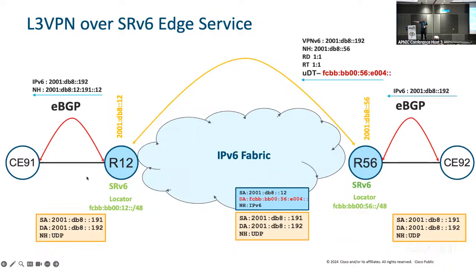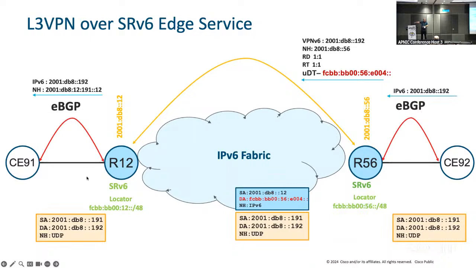My BGP next hop is going to point to the egress SRv6 node, so I want BGP to run with SRv6, so that the forwarding will encapsulate SRv6 into the forwarding lookup.